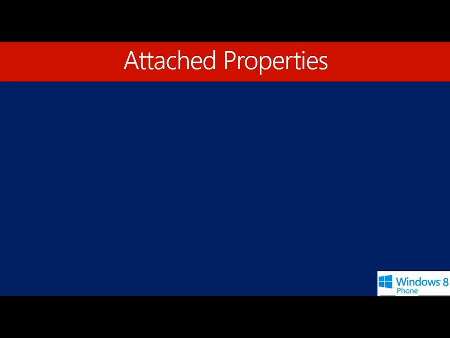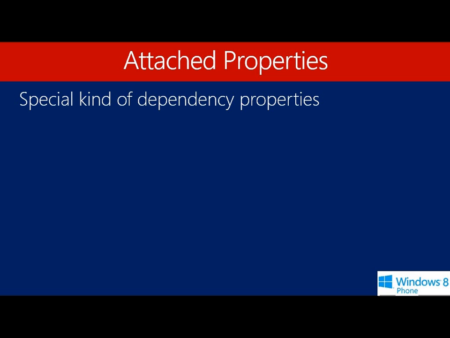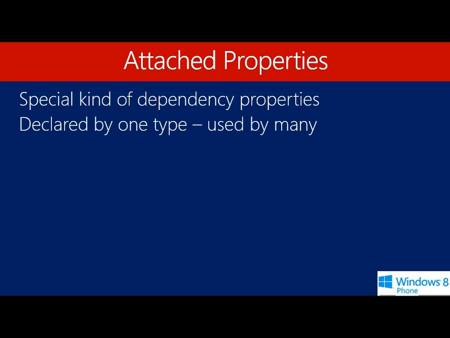However, there are other kinds of dependency properties known as attached properties. Attached properties provide something very different. They're actually built on the same engine, on the same infrastructure, but they are different in the way they're declared and used. So attached properties are declared by one type but used by many, which is kind of strange, because we're not used to that kind of thing in .NET.